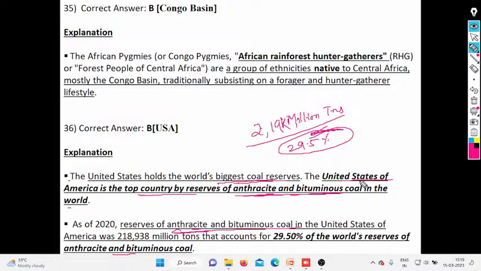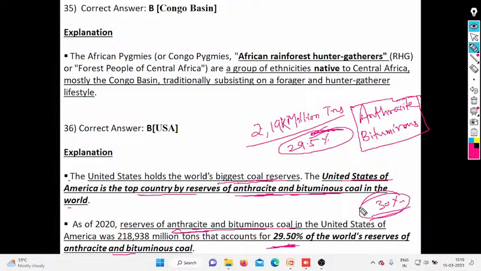They are mostly stored in the US, near about 30% of the world's reserves of anthracite and bituminous coal, and the maximum is in the Appalachian mountains, particularly.